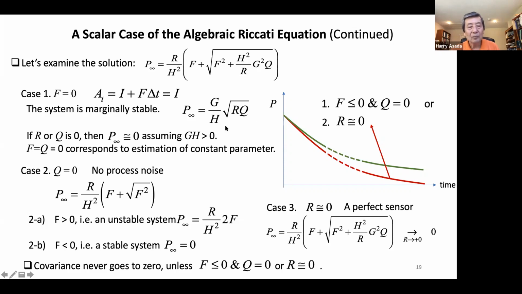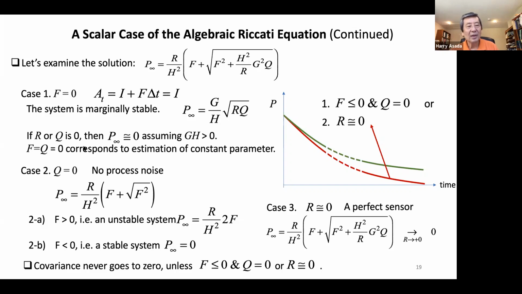Now, the interesting case here is that we assume F equals 0, which means the same value is transmitted to the next step. The state doesn't change, so that is the case of estimating some constant parameter value.